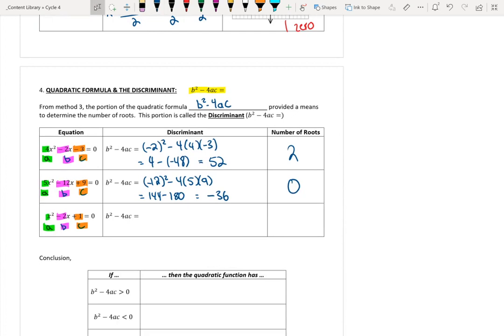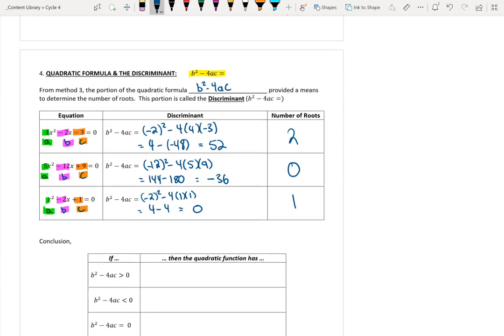And for the last one, if I have b squared, so negative 2 squared minus 4 times 1 times 1, that's 4 minus 4, which equaled 0, and I had 1 root.